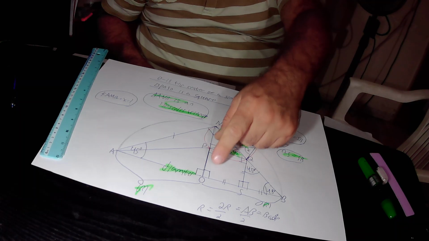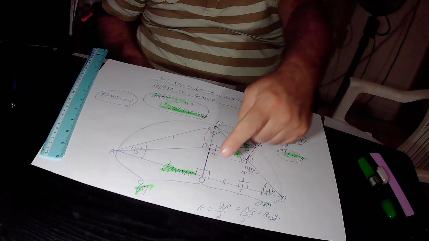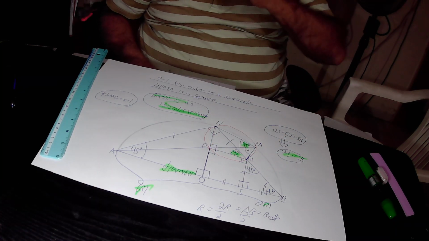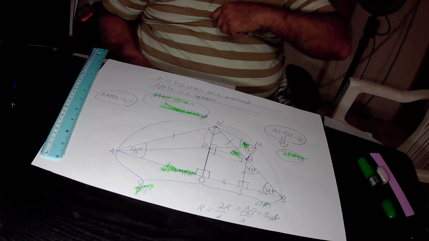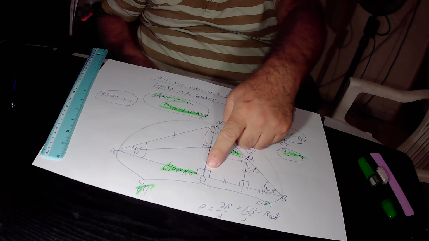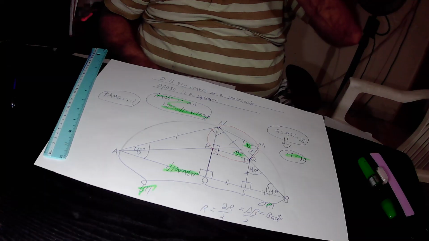So those two angles are defined as corresponding angles, and they are located between the parallels OS and PQ, and therefore they are equal to each other according to the rule that corresponding angles between parallel lines are equal. But this is the right angle according to our construction. Therefore, this angle must also be equal to 90 degrees in its size, because they are equal to each other according to the rule that I mentioned.